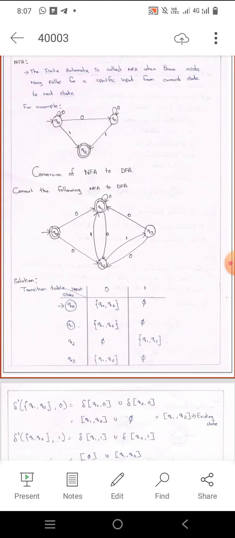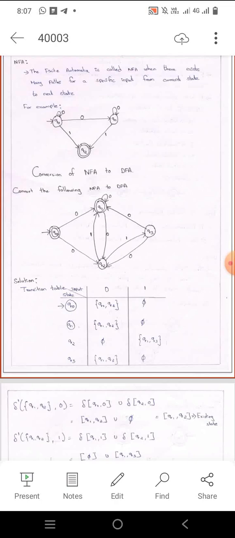Now see the transition. What is the transition of Q0 comma 0? See the above diagram, Q0 comma 0, it reaches Q1 also, it reaches Q2 also. So transition of Q0 comma 0 means Q1 comma Q2.